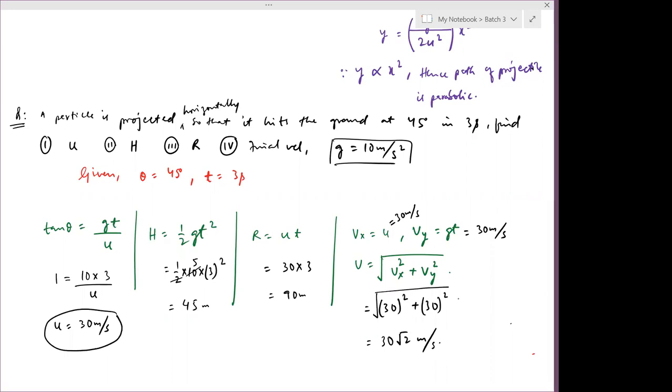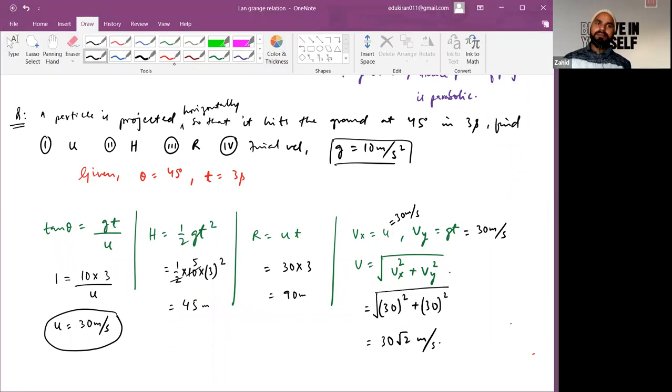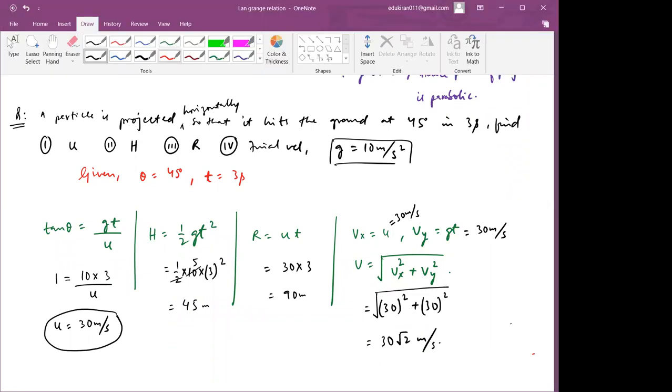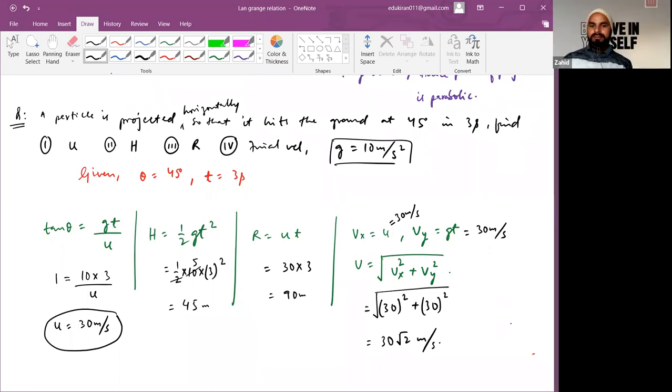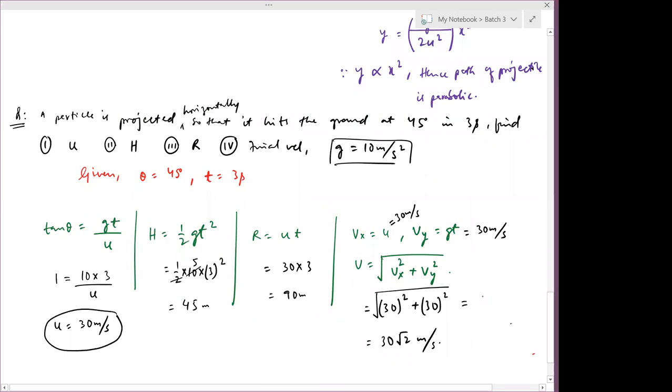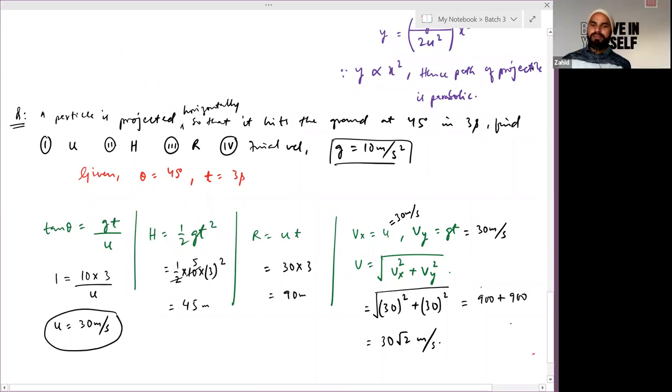Umar, yes. Abhinav, sir, how, which one? The last part. v square? Okay. 30 square is 900, 30 square is 900, root under.